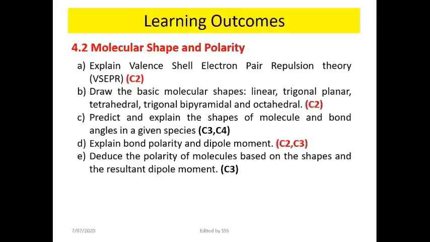We have 5 basic molecular shapes, which are linear, trigonal planar, tetrahedral, trigonal bipyramidal, and octahedral. And the last one, you should be able to explain bond polarity and dipole moment. Part C and part E will be discussed during your tutorial class.